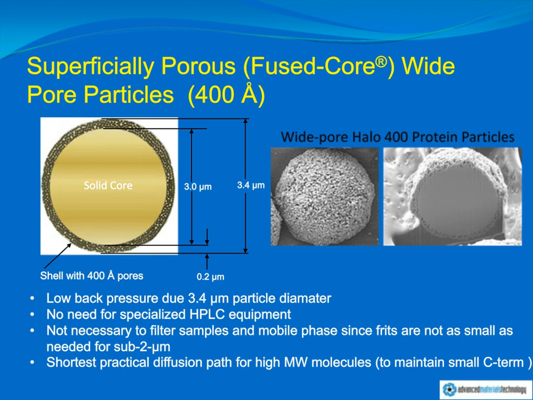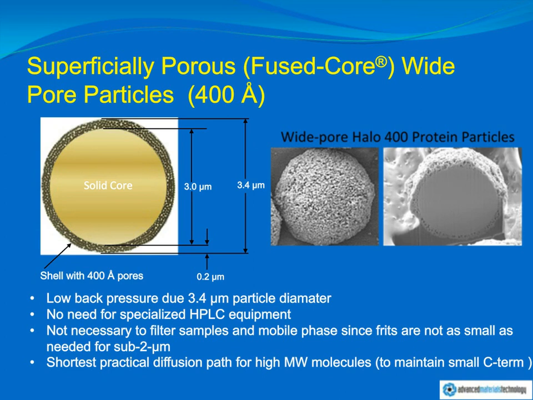Well, in this case, not surprisingly, we have to further increase the pore size of the superficially porous shell. And the size that we have settled on commercially is the 400 angstrom pore size.